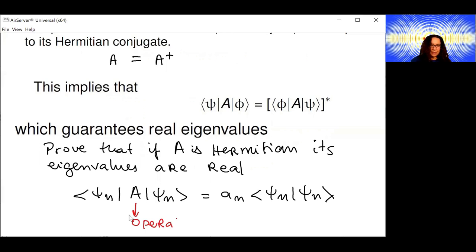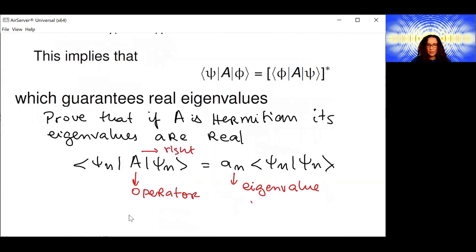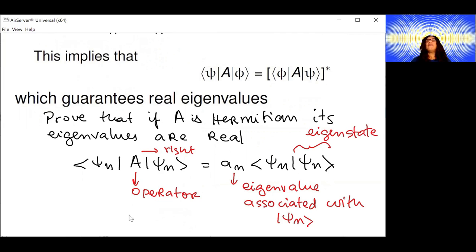I apply this operator to the right, and it gave me then an eigenvalue a n associated with psi n, where this is then an eigenstate or eigenvector in Hilbert space, if you want.